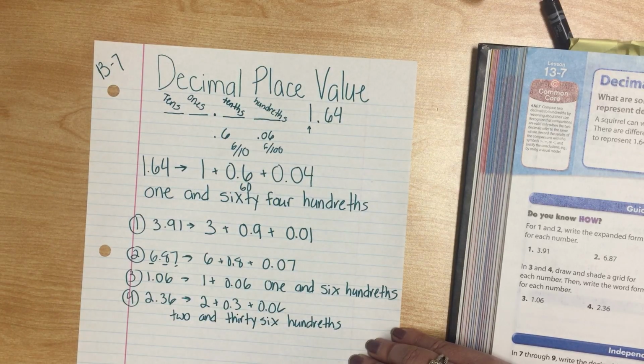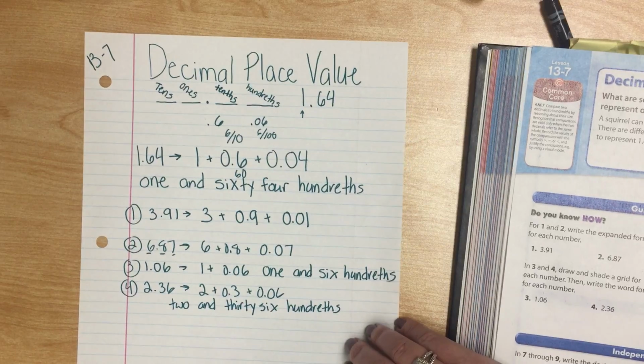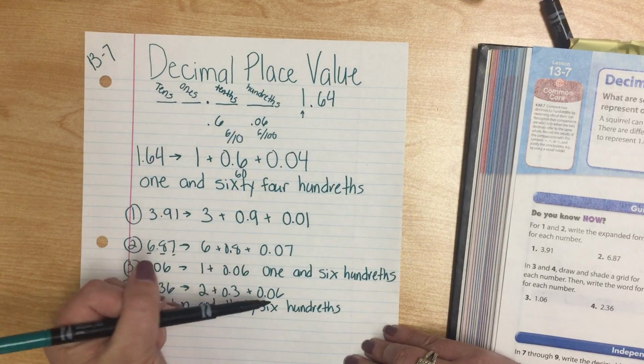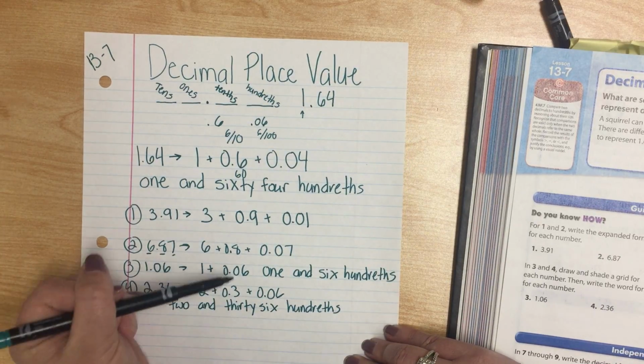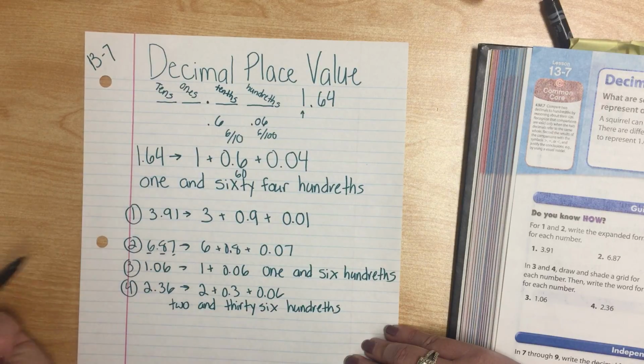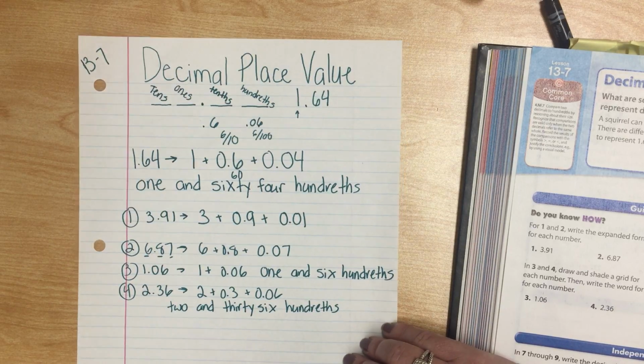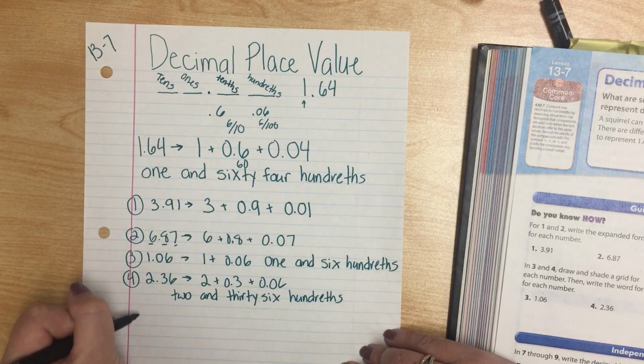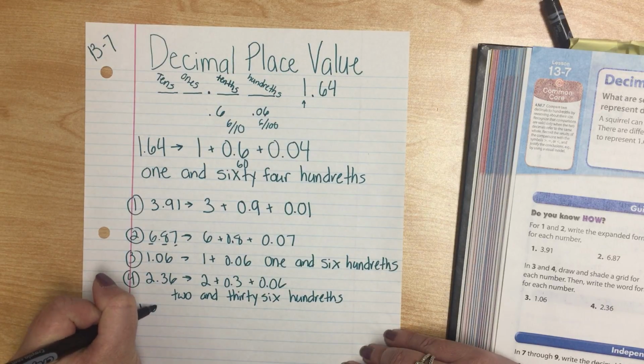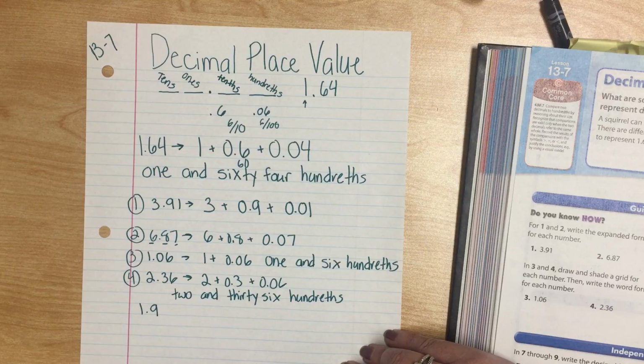If my numbers are always going to end in another number, like 36, 87, 91, they will be written out with hundredths. The only time I would ever write something as tenths would be if I were to have something like 1.9.